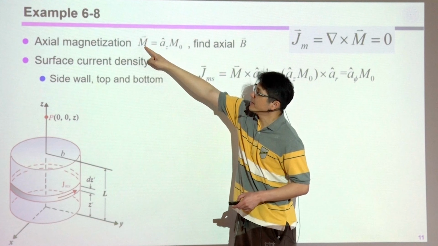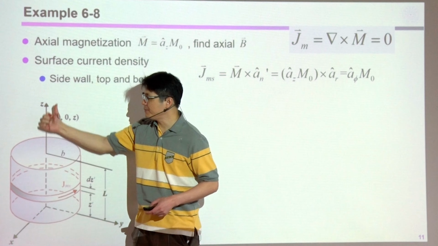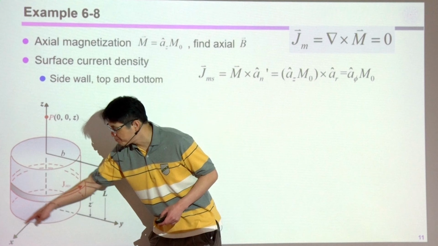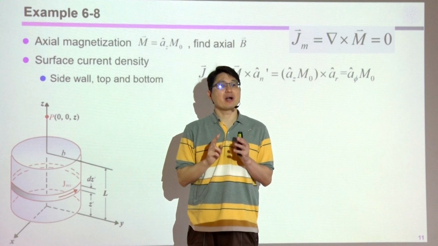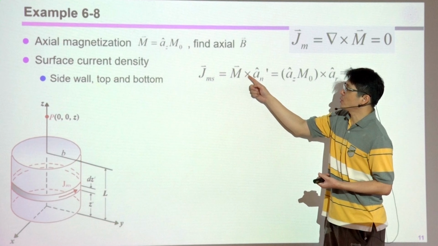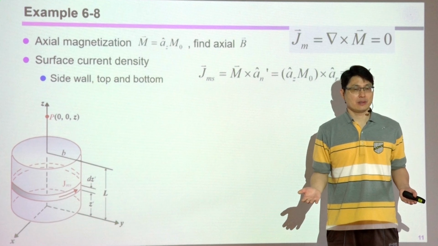So in this case, M is aligned in the z direction, right? But your top surface normal and bottom surface normal both are also in the z direction. So z cross z is equal to 0.